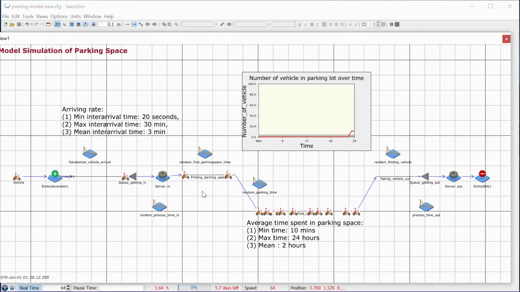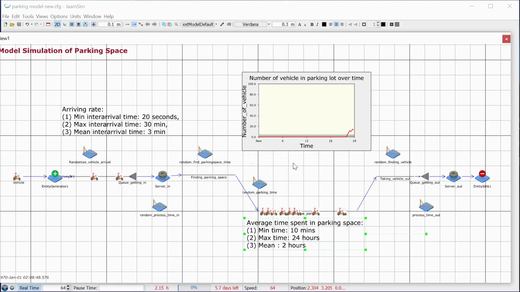Then there is finding a parking space, which is a conveyor. We also use an exponential distribution to randomize the time they take to get to a parking space. And lastly, the most important part is the parking lot. This conveyor belt serves as the parking lot, where each entity has a random distribution of the time they stay in this parking slot.